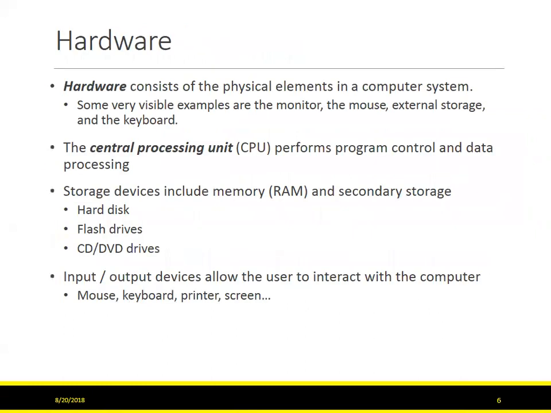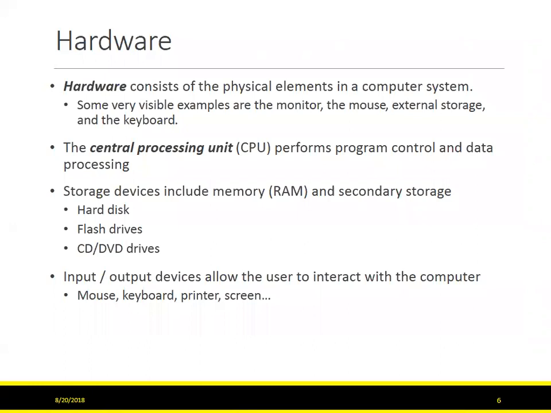Okay, let's talk about hardware and software. Hardware is the stuff we can touch, the physical computer system. Would this phone be considered hardware? Yeah, it is. I can touch it. And hardware runs software. Hardware could be the monitor, the mouse, the external storage. But that stuff is changing so much. I mean, cameras, projectors, everything is changing.